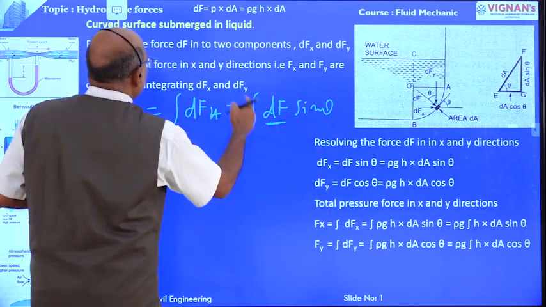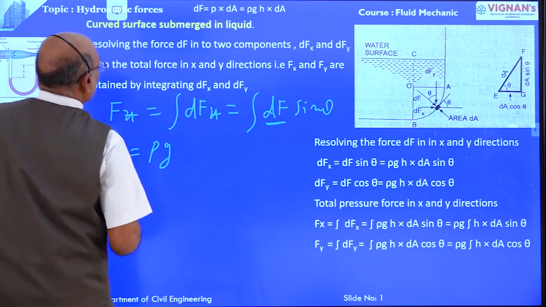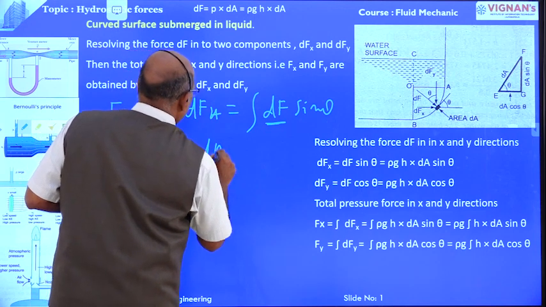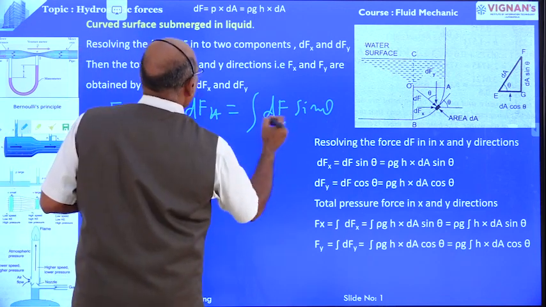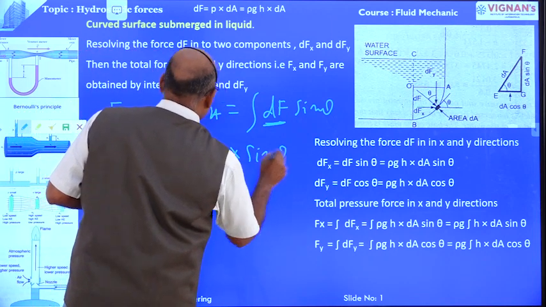Already we have determined dF is equal to rho g h into dA. So dF is equal to rho g h into dA into sin theta.